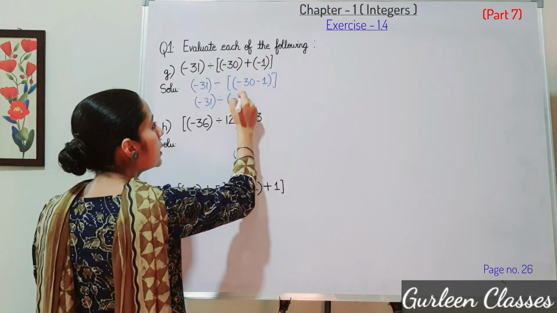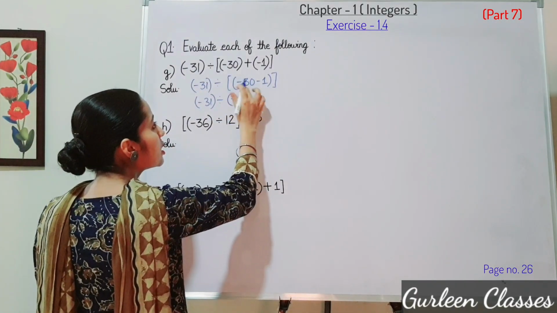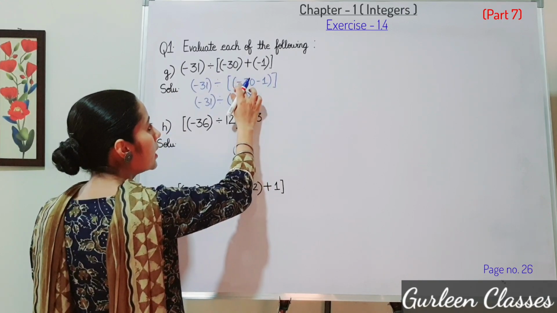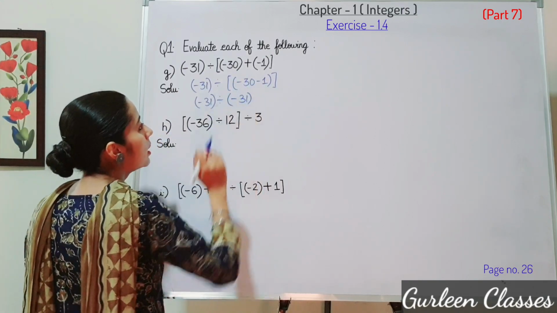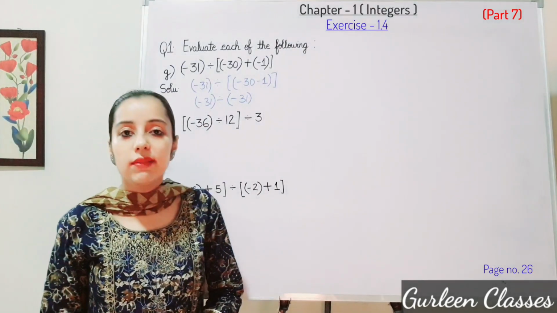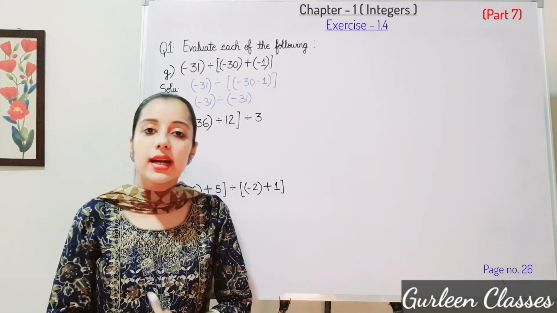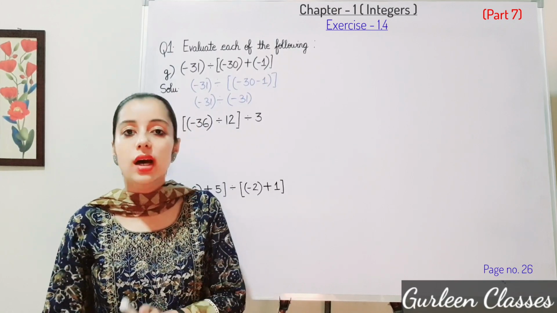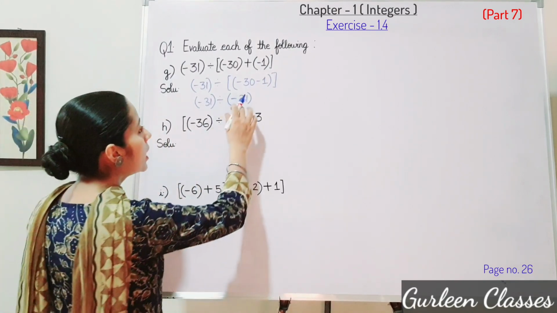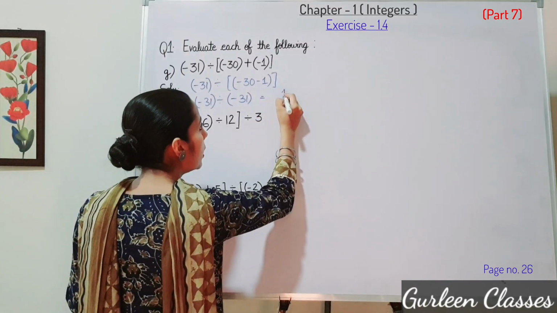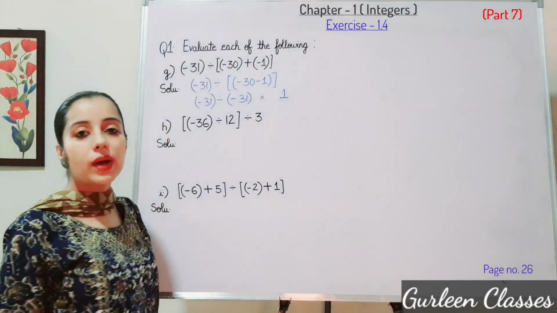It will be minus 31. Minus minus, plus. The greater number has a minus sign, so it will be minus 31. If we divide a negative integer by a negative integer, it will be divided as whole numbers. At last we put a plus sign before the answer. So 31 divided by 31 will be 1. Positive 1 before the answer.